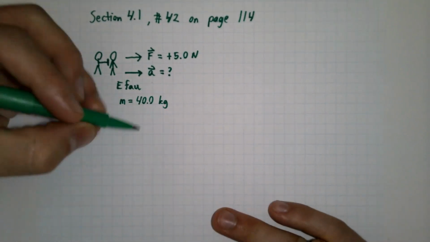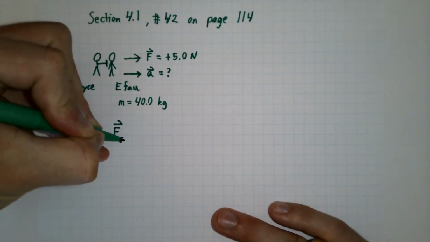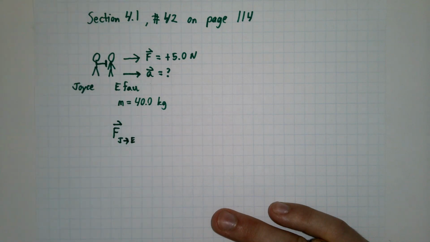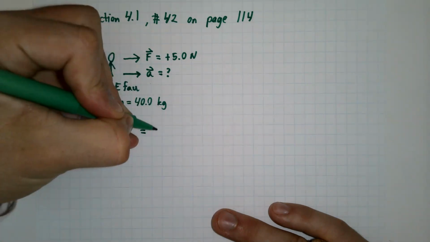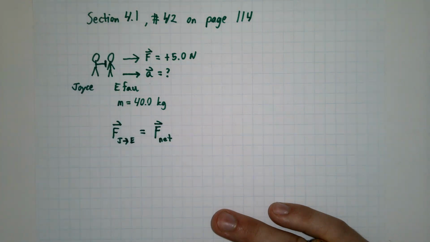So our situation is one in which we have a force applied by Joyce onto her friend Ifao. That is the only force that we're considering for her friend. So this happens to be the net force that's being applied to Ifao.